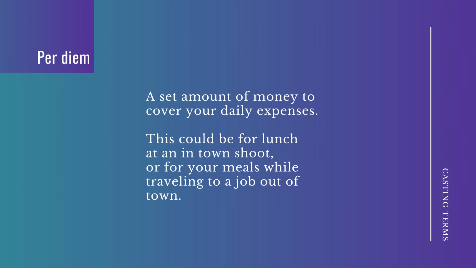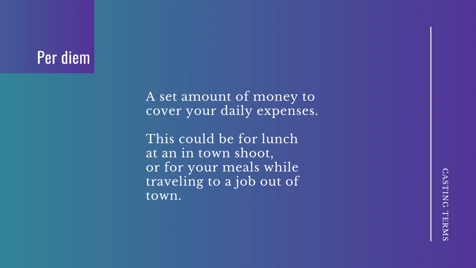Per diem, a set amount of money to cover your daily expenses. This could be for things like lunch at an in-town shoot or for your meals while traveling to a job out of town. So if you're doing a job in town and they give you a per diem of like $15 for lunch, that means that you have a walk-away lunch and you're going to go purchase lunch on your own and they're going to reimburse you for up to $15.